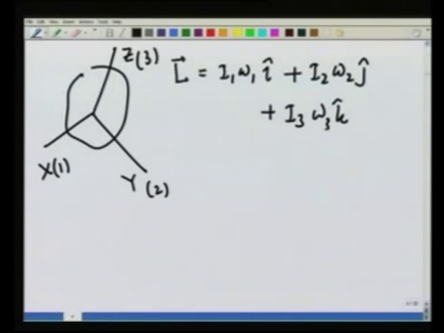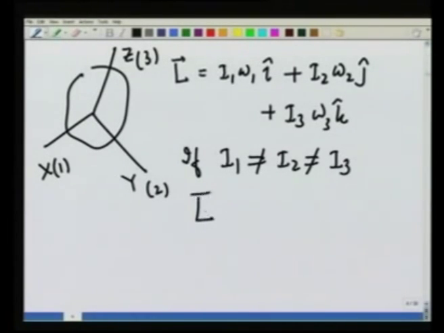Notice, however, if I1, I2 and I3, the three moments of inertia, are not equal, then L is not parallel to omega.